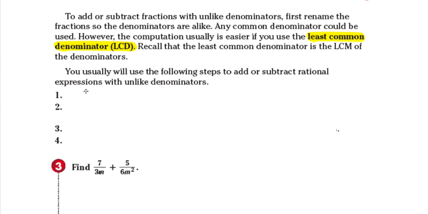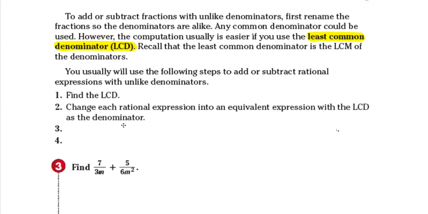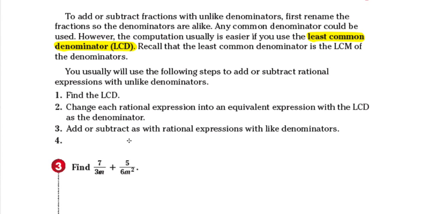So you usually use the following steps to add or subtract rational expressions with unlike denominators. The first step is find the LCD. The second step is to change each rational expression into an equivalent expression with the LCD as the denominator. And step number three, add or subtract the rational expressions with like denominators.